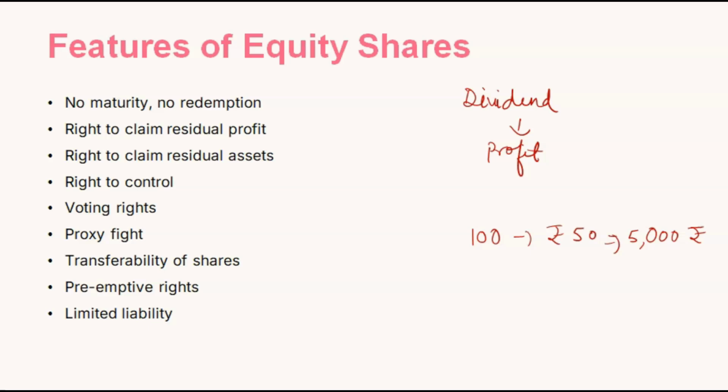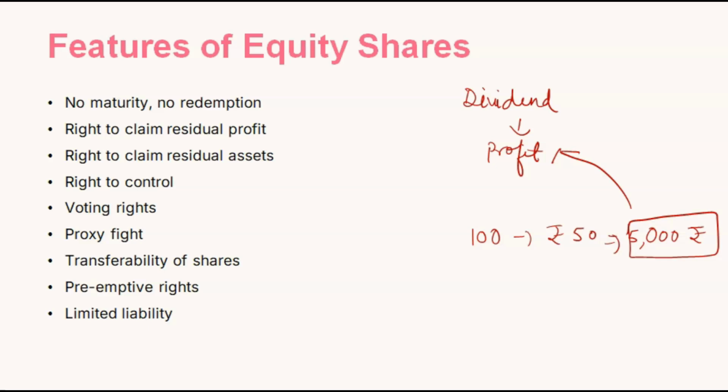On his 5,000 investment, there is a certain profit which that person will get. That is dividend, just profit. The company will declare dividends from time to time. That is a separate topic, we'll discuss it later.